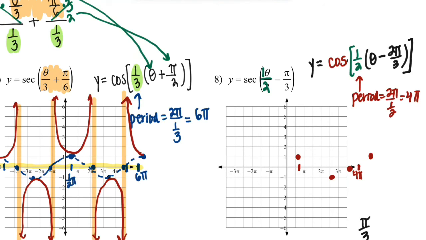And then halfway between, it's at the midline, and hopefully you get the gist of what's going on. We would draw those vertical asymptotes. We would be opening up, we would be opening down.